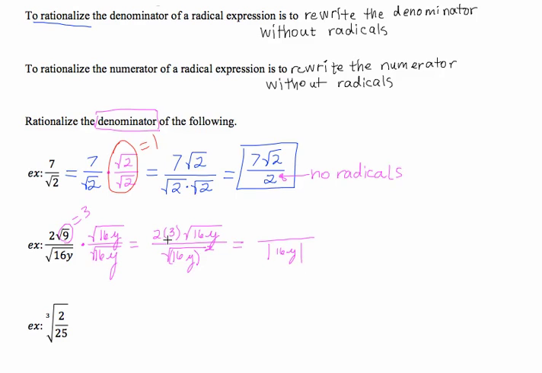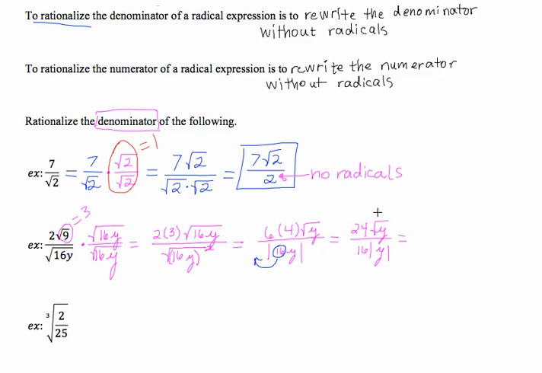In the numerator we have 6 times the square root of 16, which is 4, and then we still have the square root of y there. Simplifying, we can pull the 16 out of the absolute value. So we have 24 times the square root of y divided by 16 times the absolute value of y.